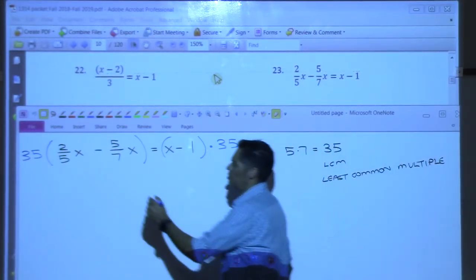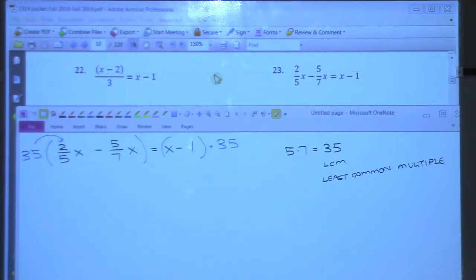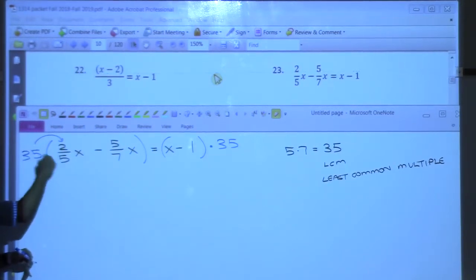So I'm going to do this first multiplication. And I want to just make sure everyone follows what's about to happen. When this 35 comes through here, I could make 35 times 2, couldn't I? I could do that. But I know the 35 and the 5 should cancel out. Like something should go away.